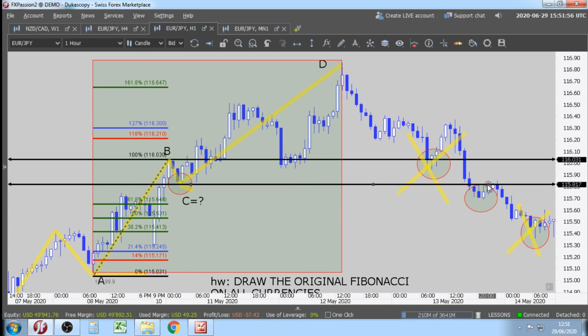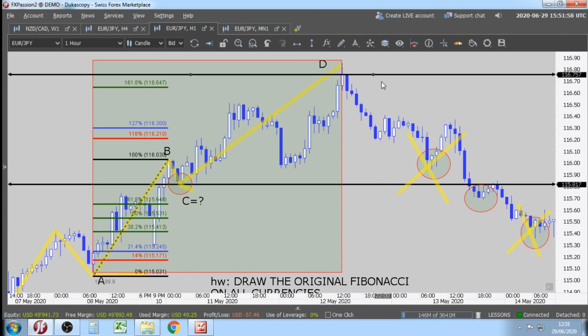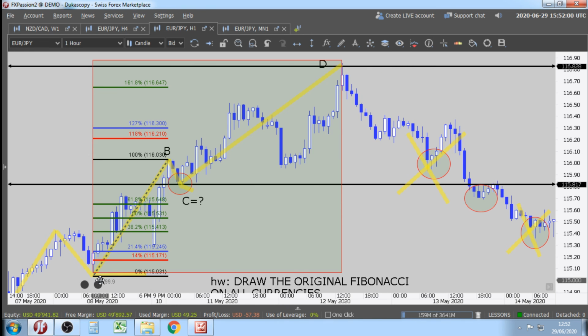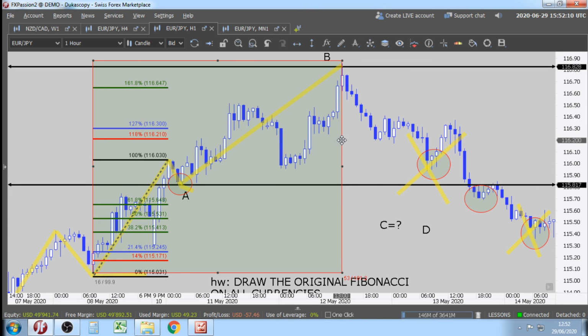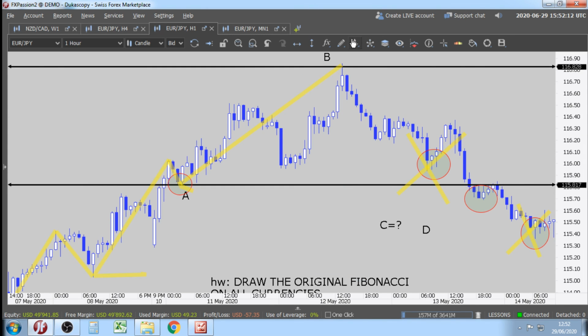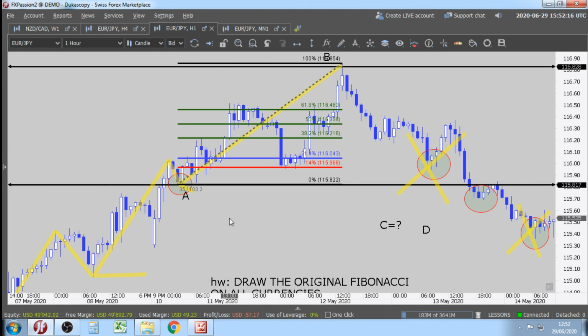And then again, A goes to C, B goes to D, and what you can see, everybody, is that the market broke our up Fibonacci. So this is the sequence on the 1 hour chart, right?